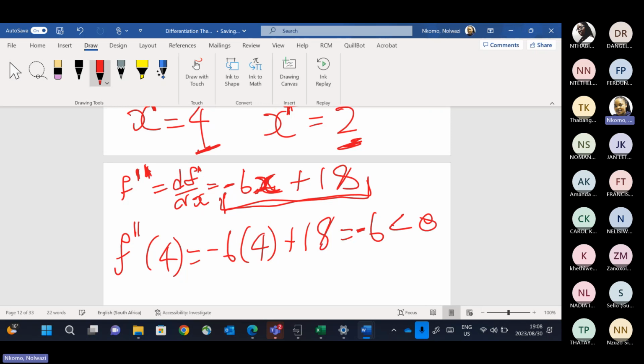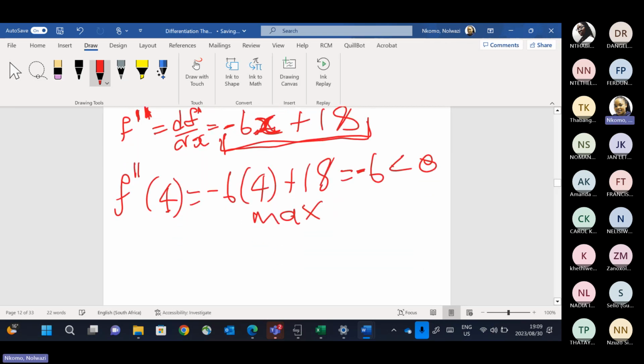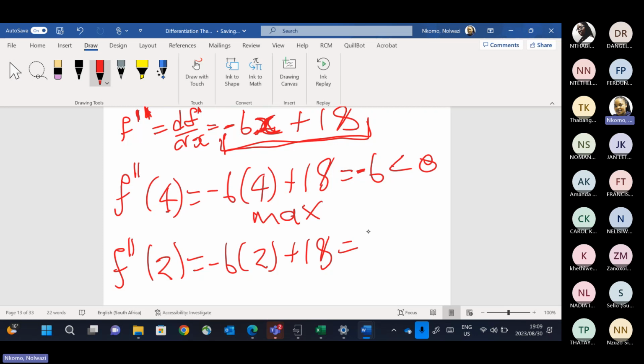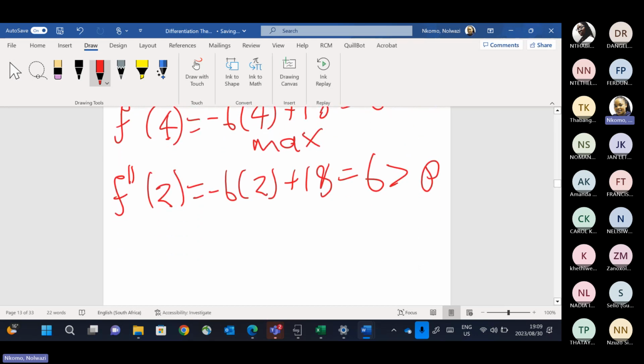From here, we can say x equals 4 is the maximum point. Then we need to find the nature of 2. We have minus 6 times 2 plus 18. This will give us 6, and 6 is greater than 0. Then from here, you can say this is the minimum point.